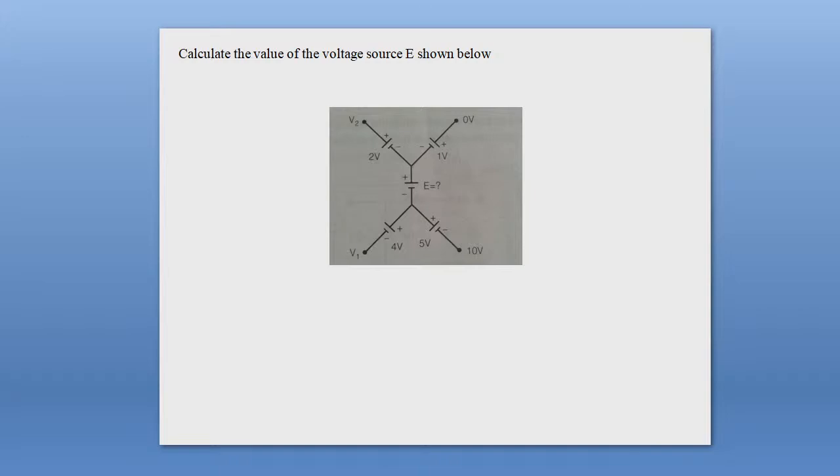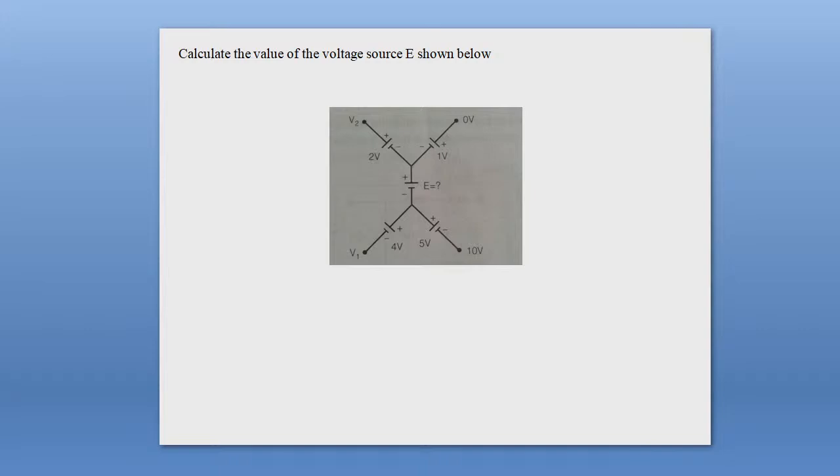So if we consider the left side path, then we need to calculate the values of three unknown parameters: V2, V1, E. But if we consider the right side path, then we need to calculate one unknown parameter, E, and our objective and the question is that you calculate the value of E. So to solve this problem we will consider the right side path and we will apply KVL, Kirchhoff's voltage law.